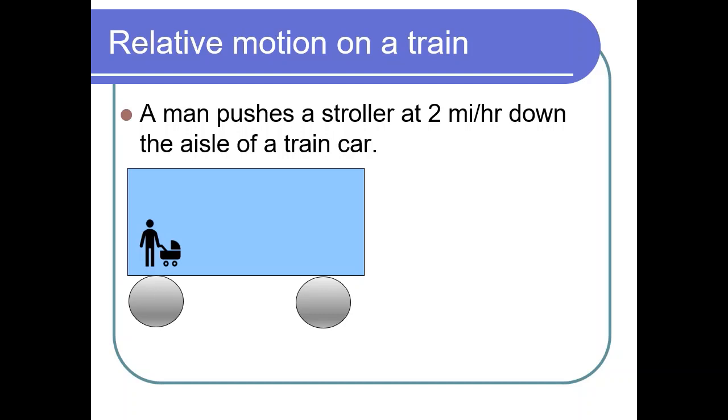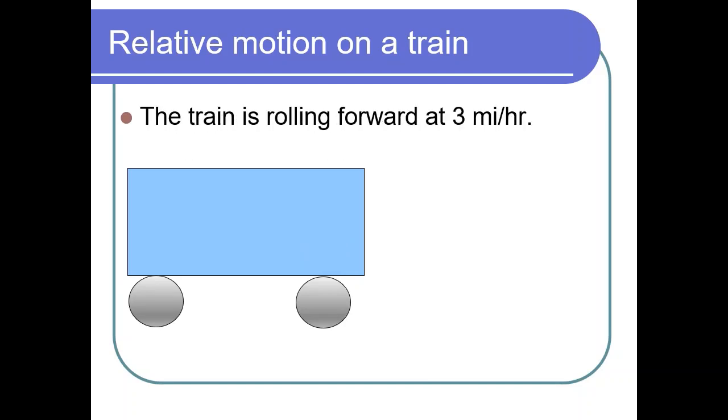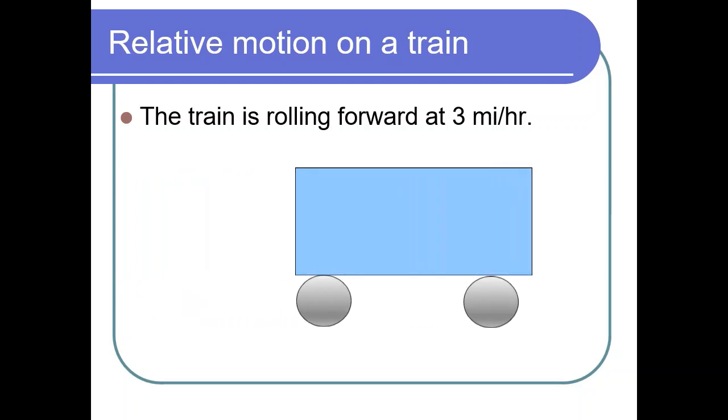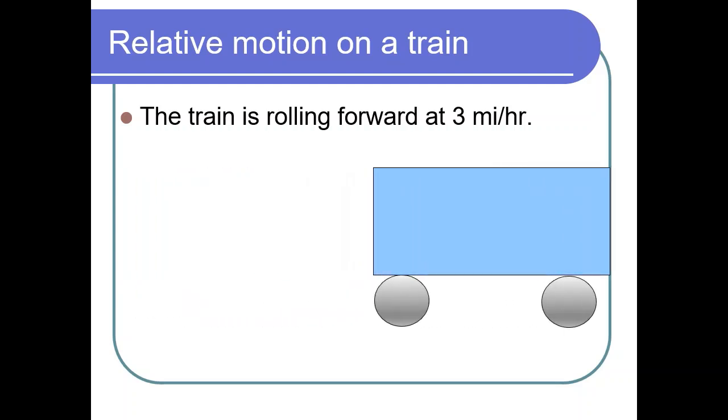So that image there was the man pushing the stroller down the aisle of the train car. But this train car is not stationary, in fact. It is moving. Let us say the train is rolling forward at 3 miles per hour. So the question would be, how fast is the man moving and the baby moving relative to the ground?